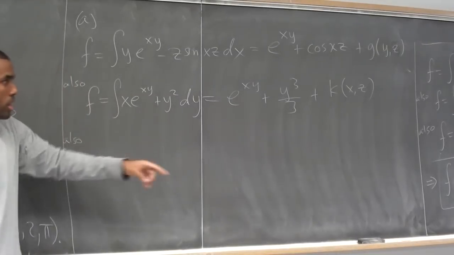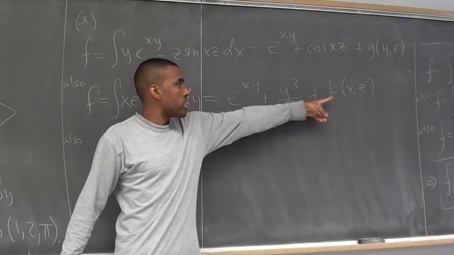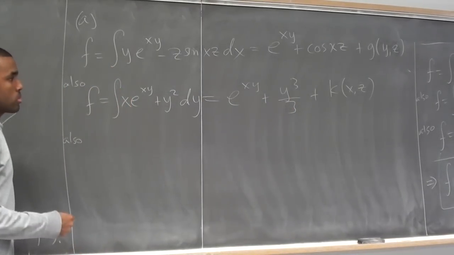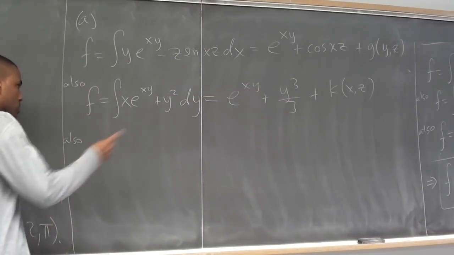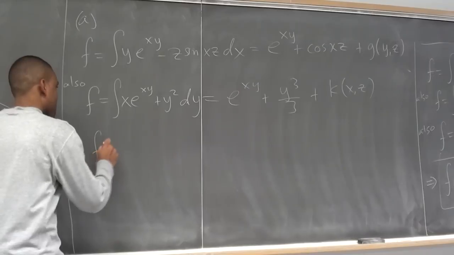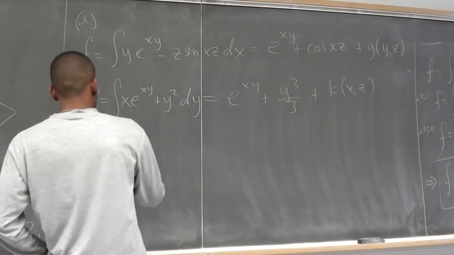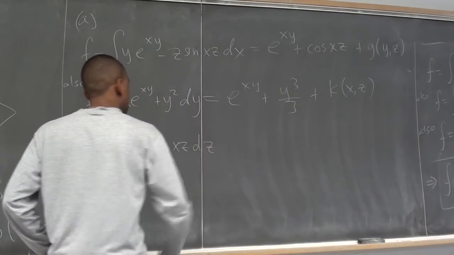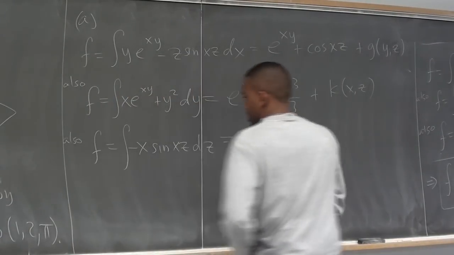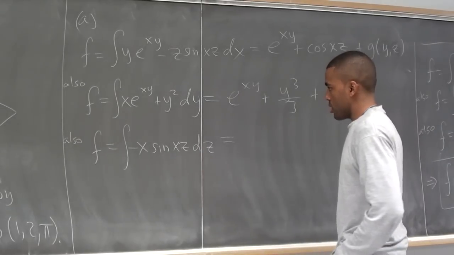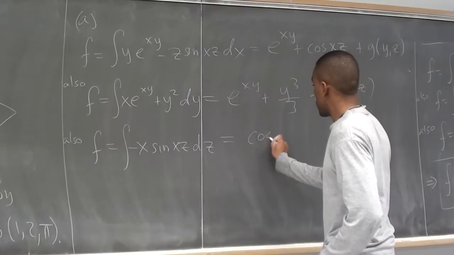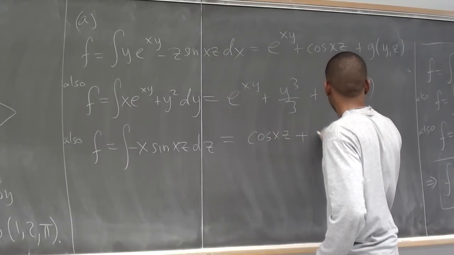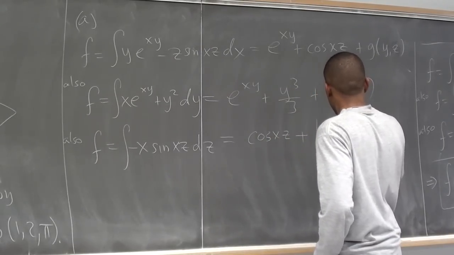If I had a function of x and z here, then when I differentiated it wouldn't disappear. But for purposes of the method, it won't matter. You should know that it should be there. And this part, I'm going to integrate the last component with respect to z. What do you get? Just cosine xz plus some constant of x and y.